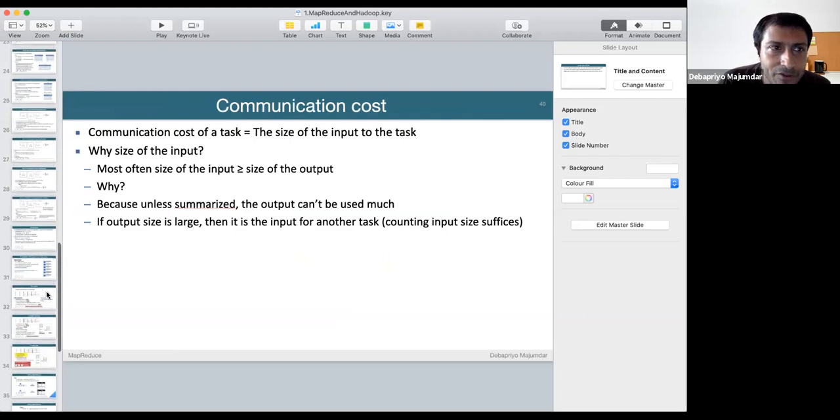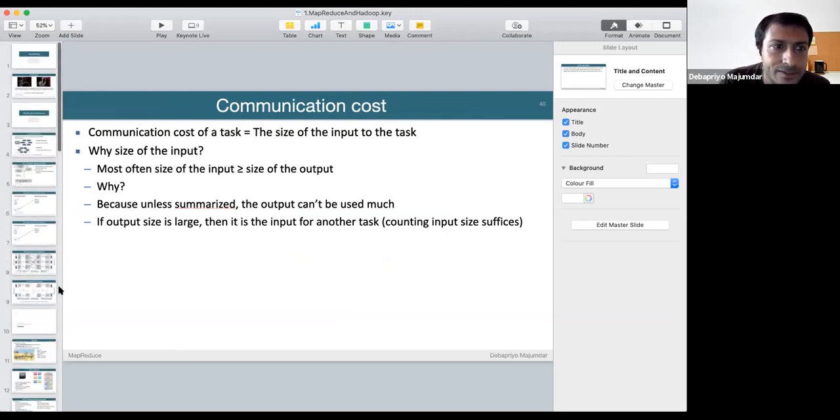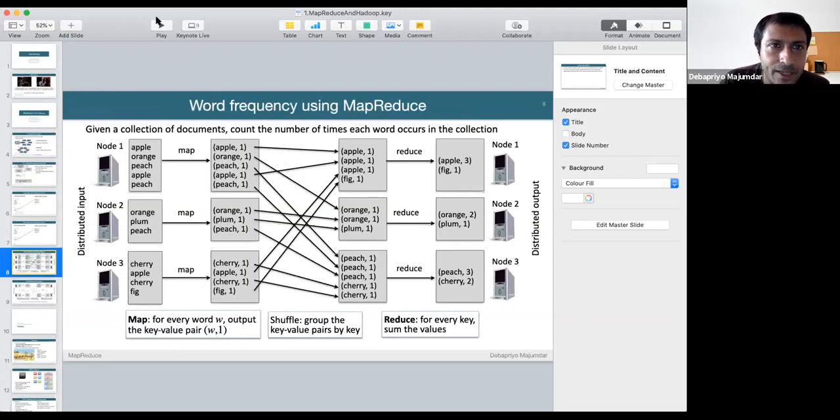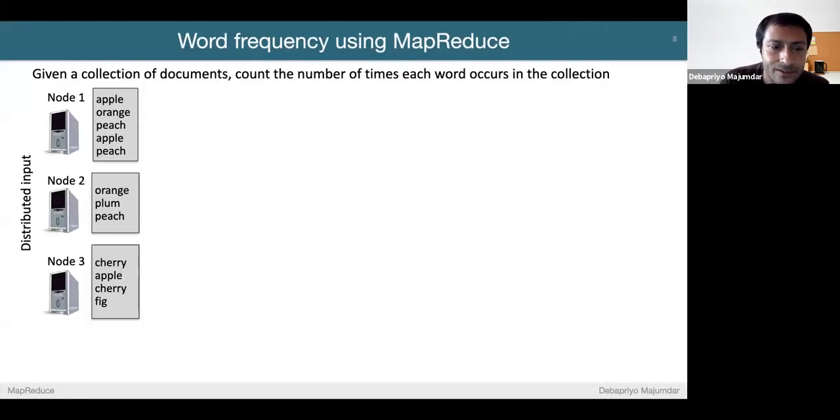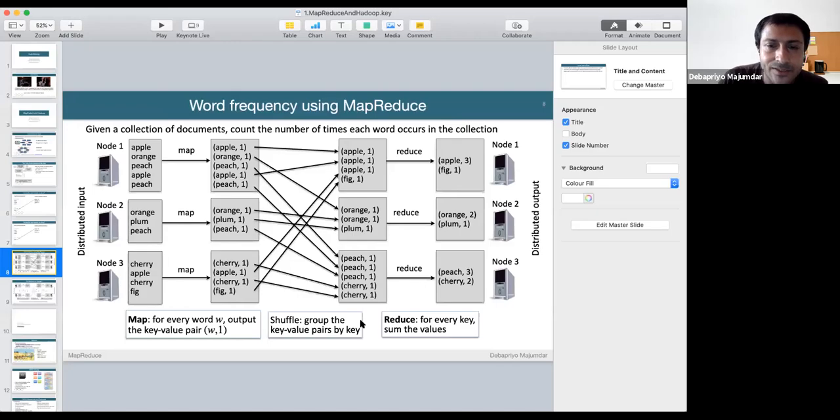Coming back to the beginning slide, we'll do this again in the next class. We have this data: apple, orange, peach, apple, peach, and so on. We have to read them, output key-value pairs, and write the key-value pairs to the disk. So we are reading and writing.